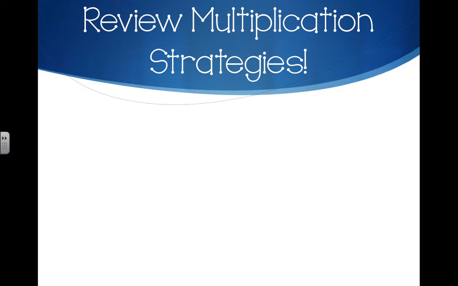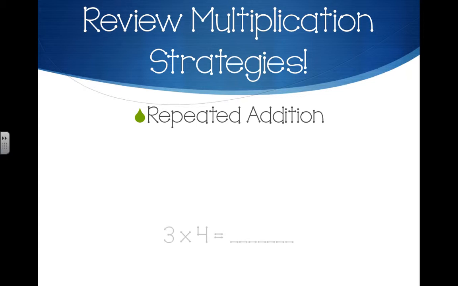The first thing we will do, review multiplication strategies. Our first strategy that we will review is repeated addition. Our equation for repeated addition is 3 multiplied by 4 equals blank.